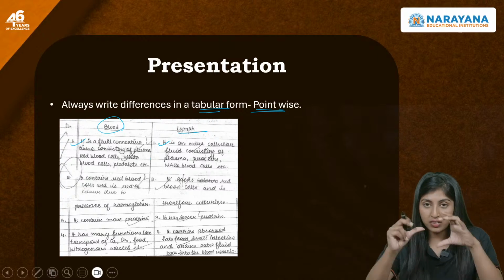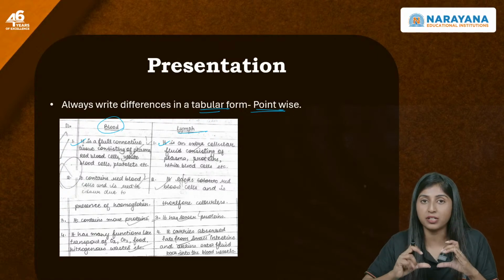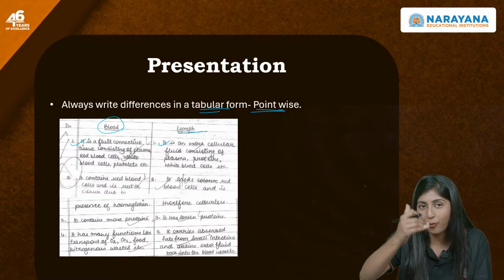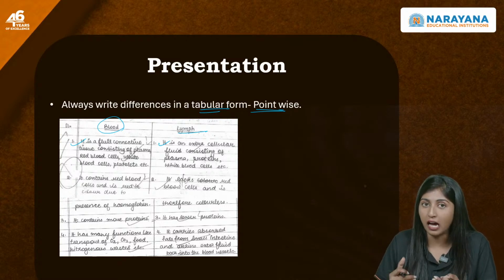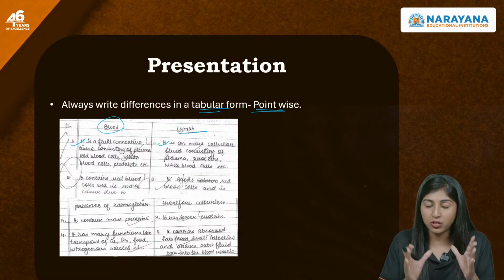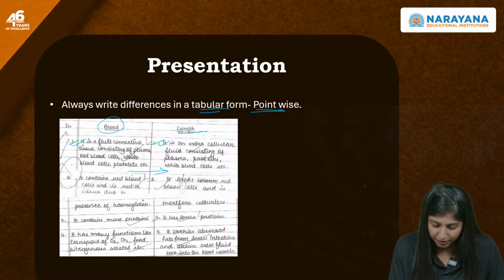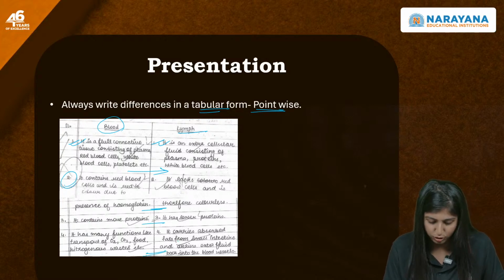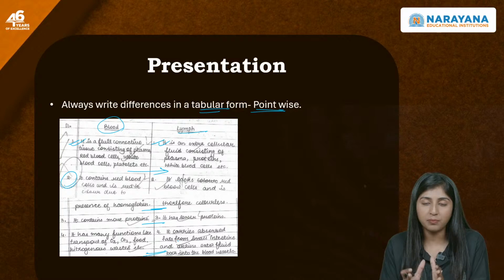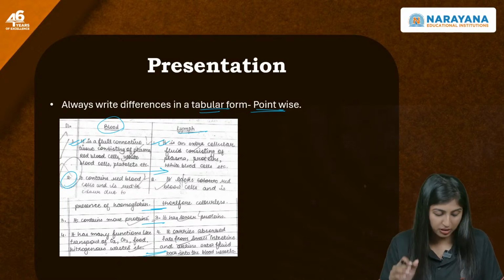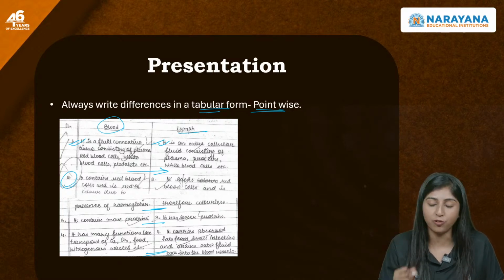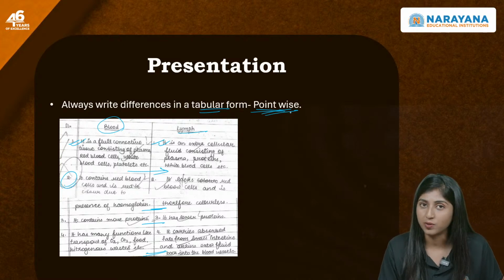And once the first point is done, she leaves space for the second point so that the points do not merge with the further points, right? So take care that once the first point is done, leave enough space, then start the second point, leave enough space, third point, and then fourth point, and you complete your answer like this. So this is important: write differences in tabular form and point-wise, right?